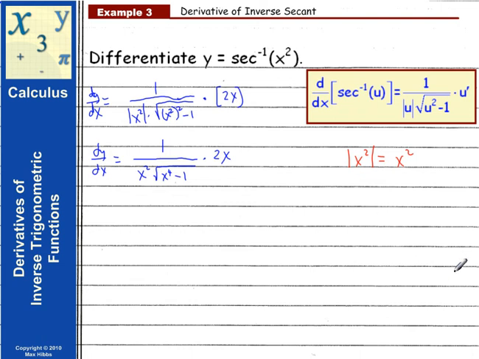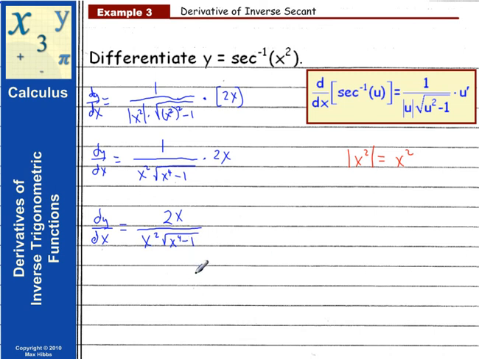Now, clearly we can rewrite this as a single fraction rather than as a product. So we have dy dx is equal to 2x divided by x squared times the square root of x to the fourth minus 1.